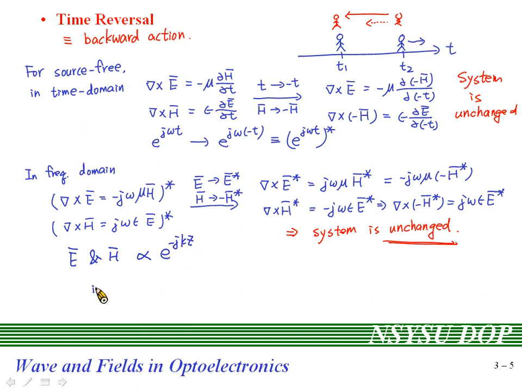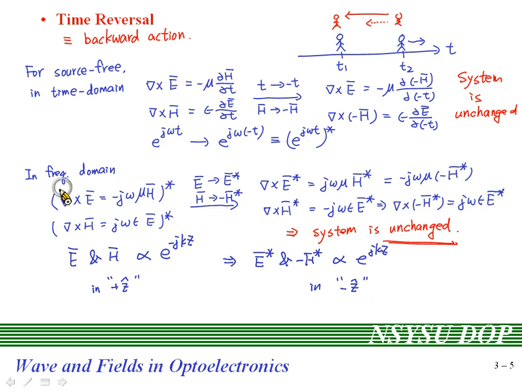Suppose that both fields propagate in the plus z direction. If you take the conjugate of these two fields, E conjugate and minus H conjugate will be proportional to the conjugate of this term, which becomes exponential jkz. This means that the field will propagate in the minus z direction.